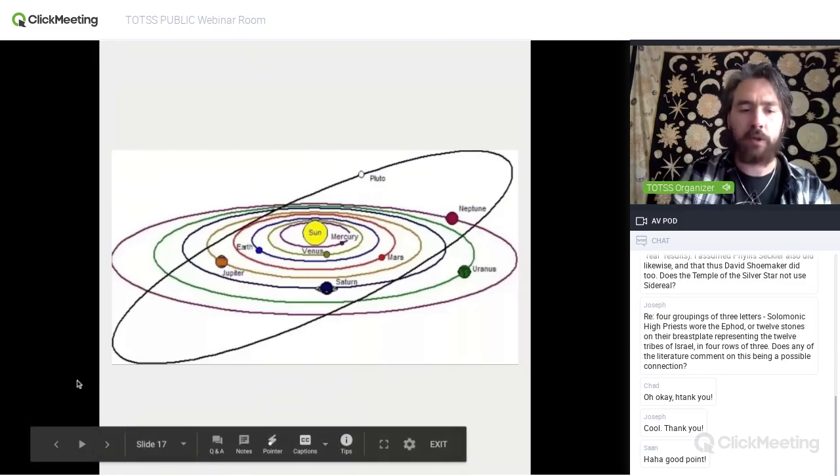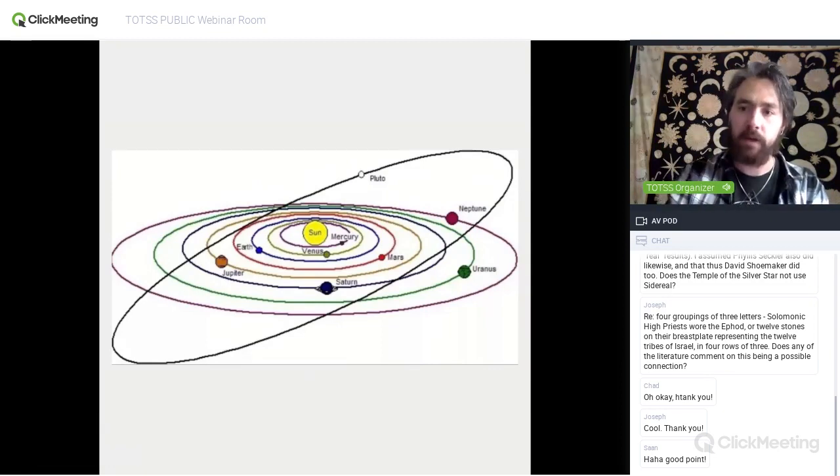The node points, the north and south node, or the head and tail of the dragon, are the points where the plane of the moon's orbit intersects the plane of the ecliptic. So the important point is that the sun, as well as all 7 classical planets, are all going to follow more or less the same path in the sky called the ecliptic. They're not going to be found in other parts of the sky.